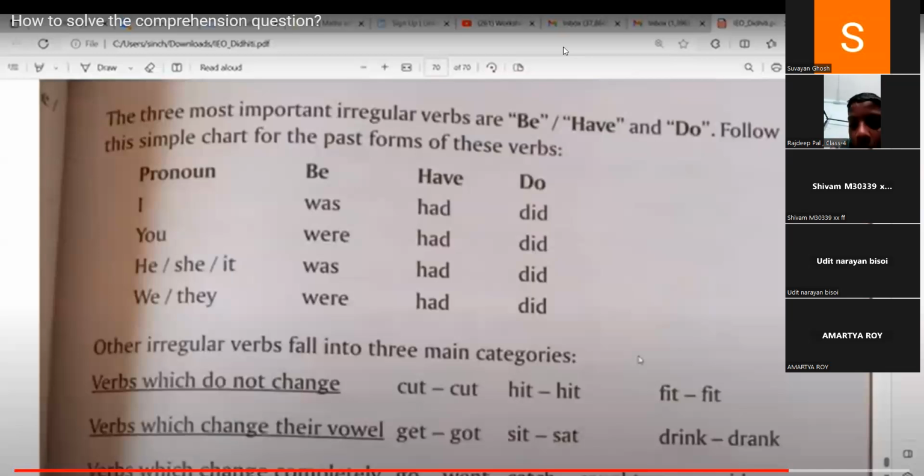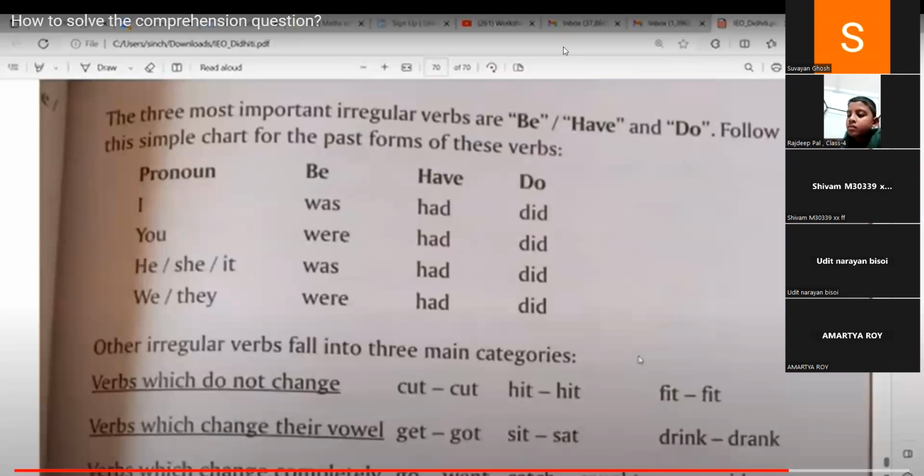Okay, Shivam, can you explain to Udit what is a regular and what is irregular? Ma'am, I've thought. Okay, tell me, Amoto. Regular verbs are those type of verbs while making it in past tense at the end of the verb it adds d or ed, like looked, danced.